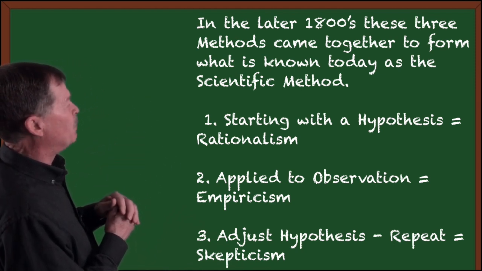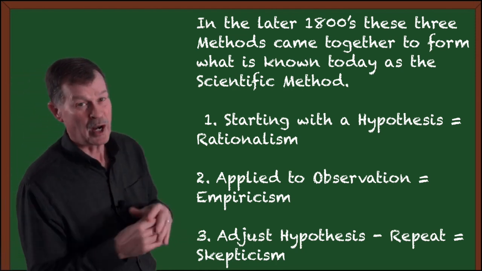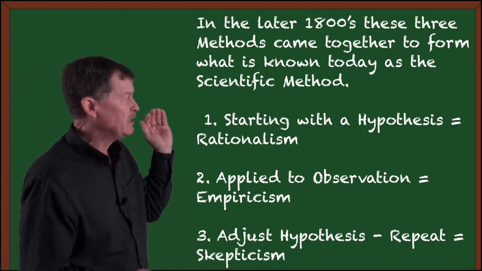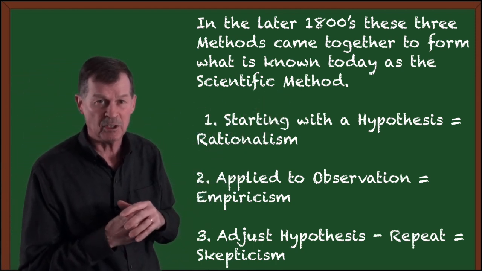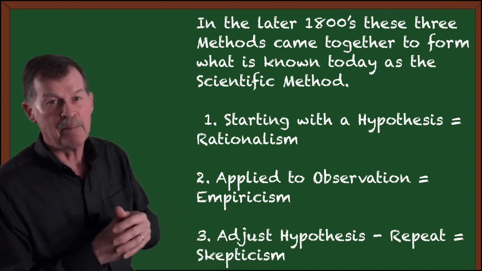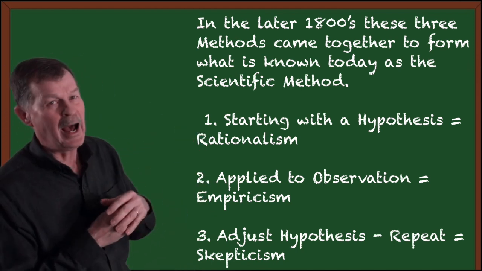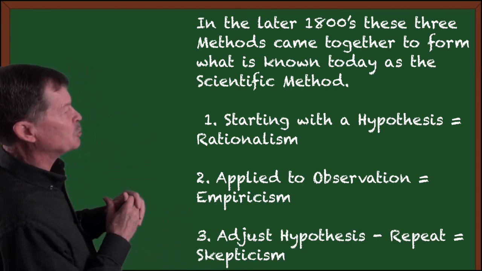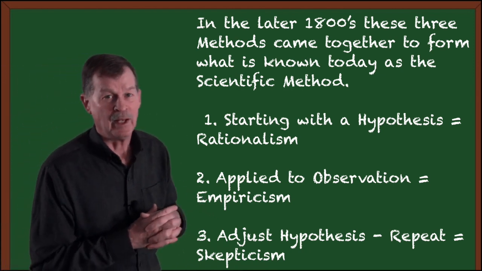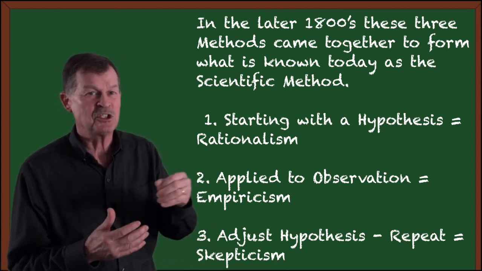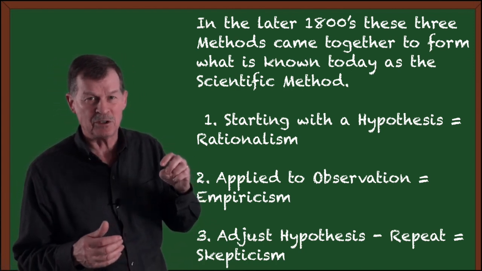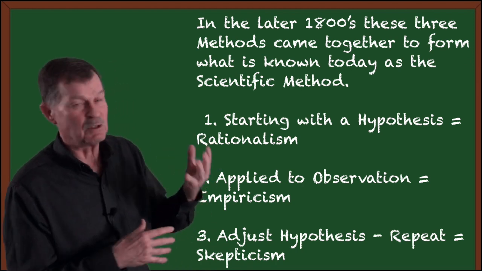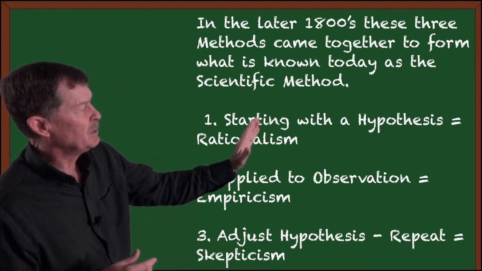Starting with a hypothesis, that's rationalism, that's thinking. Based on the basic belief system, they elaborated a hypothesis of how to interpret what they see. Then they applied it to observation. That's empiricism: testing, a requirement of the scientific method.